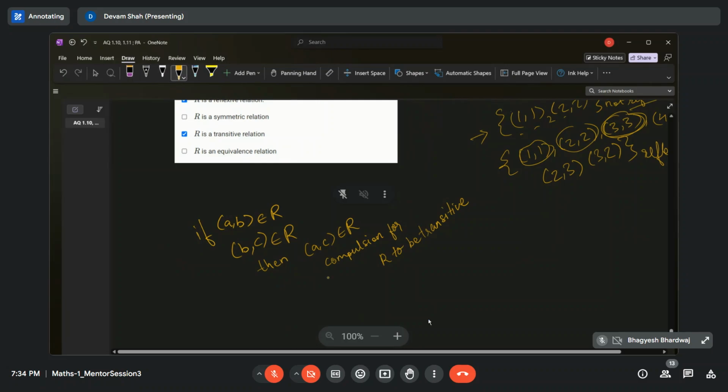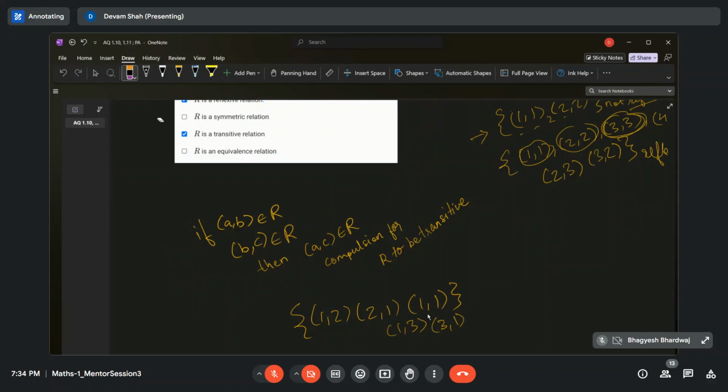For example, 1, 2 is there, 2, 1 is there, 1, 1 is there. Can 1 and 3 be present also? If 1 and 3 is present, then no, but then 3 and 1 should also be present for it to be transitive.